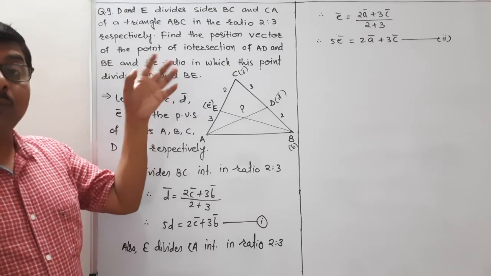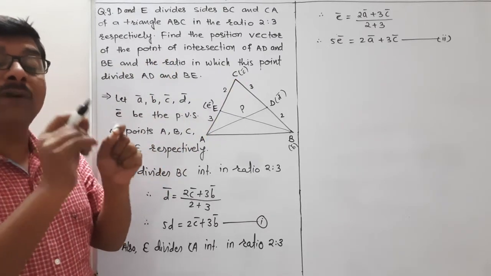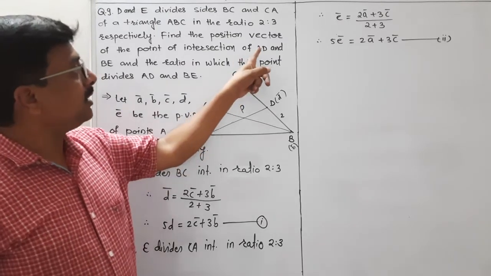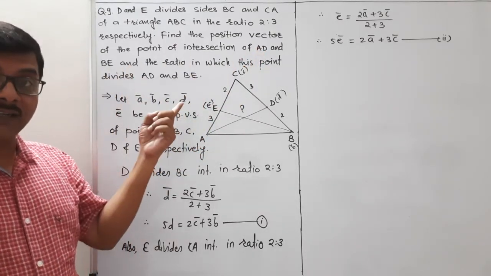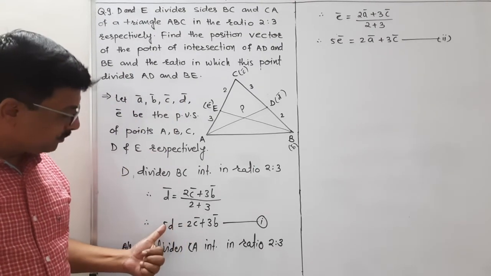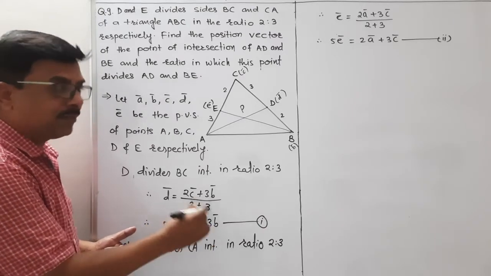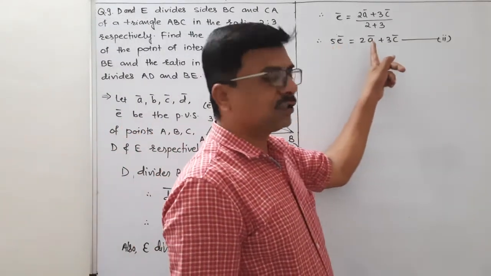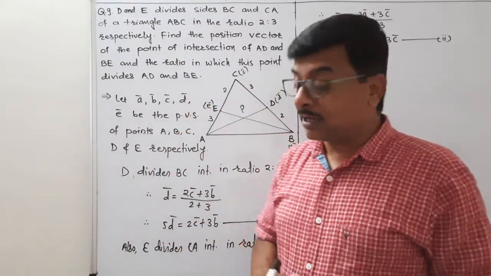AD और BE के point of intersection का जो रेशो है वो फाइंड करना है हमें, इसलिए हमें A वेक्टर, D वेक्टर, B वेक्टर और E वेक्टर का रिलेशन फाइंड करना है, ये पहले समझना है। अब जो दो रिलेशन आपको मिले हैं 5D वेक्टर इज इक्वल टू 2C वेक्टर प्लस 3B वेक्टर एंड 5E वेक्टर इज इक्वल टू 2A वेक्टर प्लस 3C वेक्टर, इसमें से क्या करना पड़ेगा आपको?